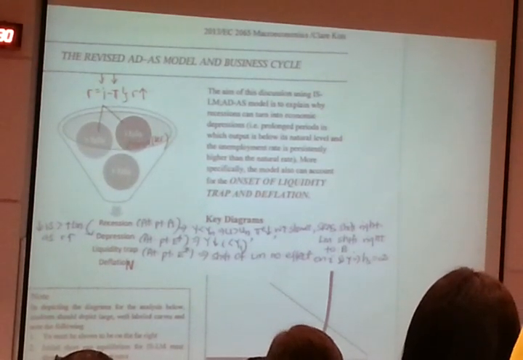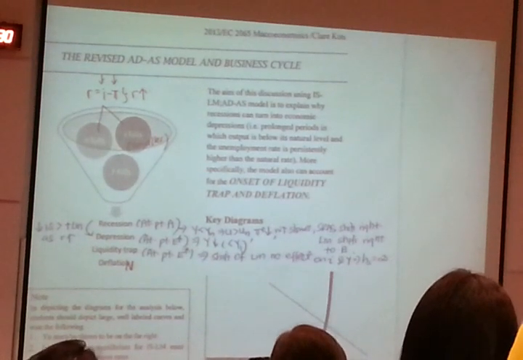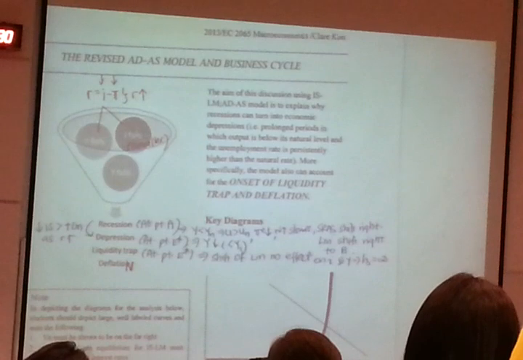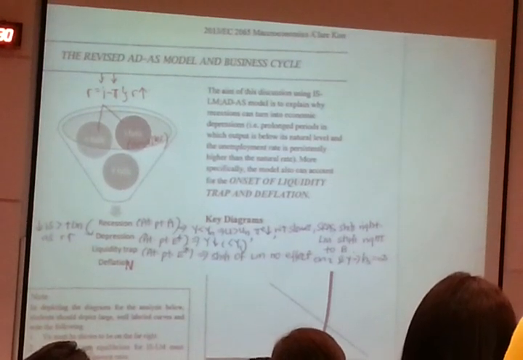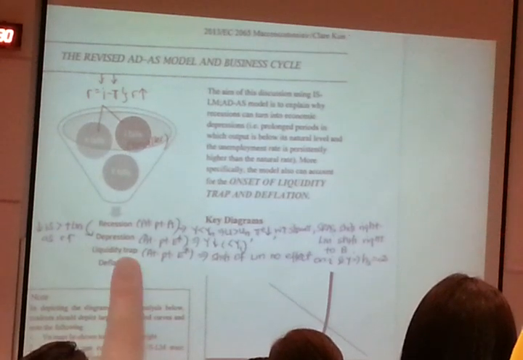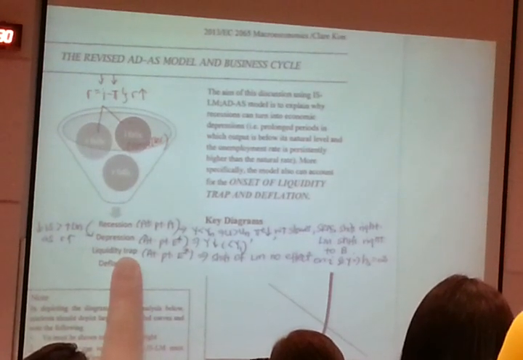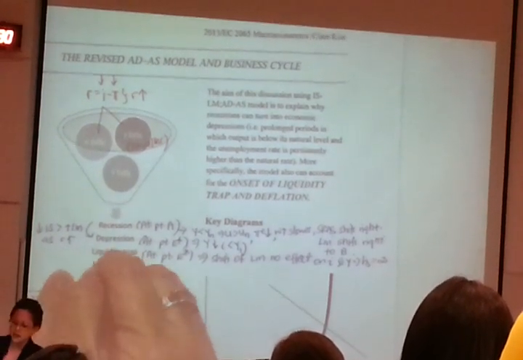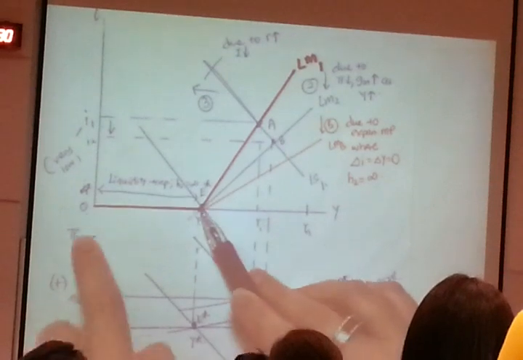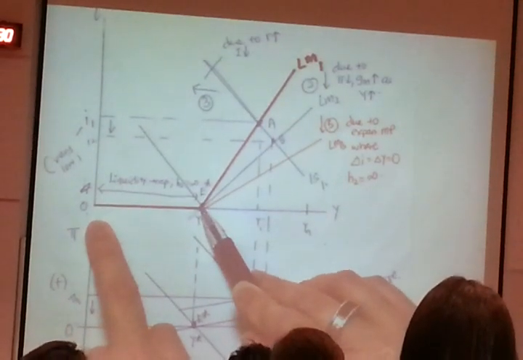Then you want to further illustrate. What happens to the economy? How would you fall into deflation? See carefully at point E star. At point E star, look at the diagram. R is near 0.